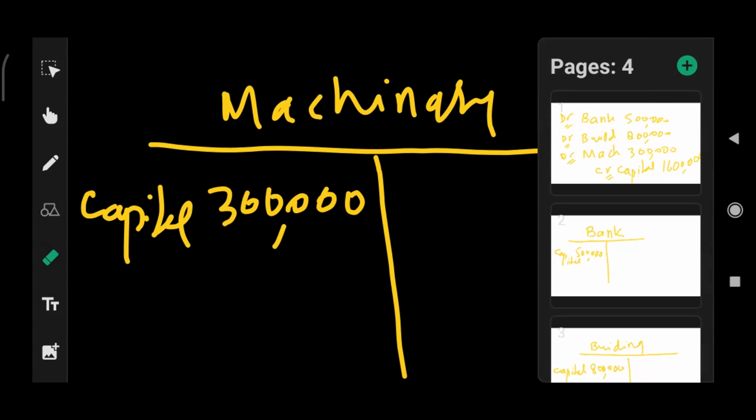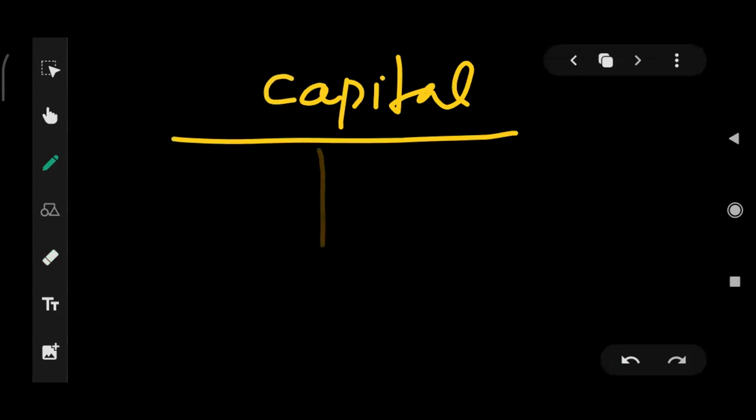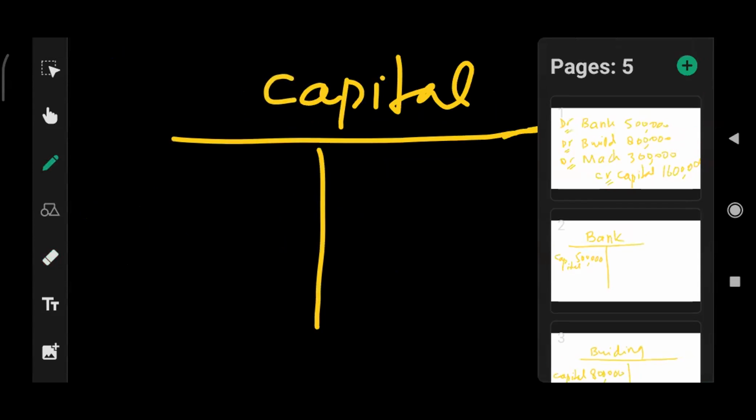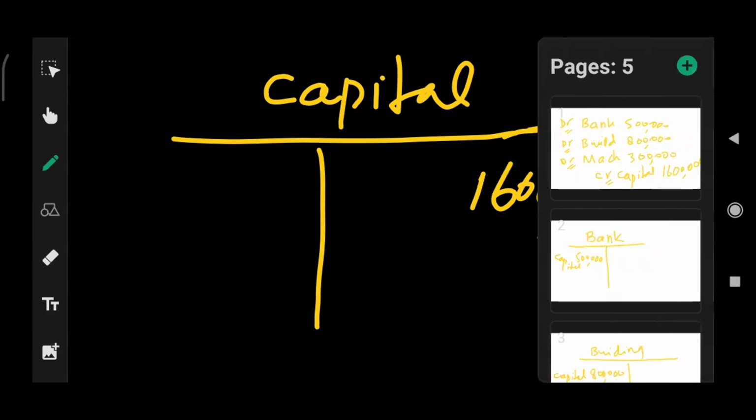So next is credit capital. We have posted all three debits. Now we will post the credit side. So credit is capital. We will open an account of capital. Capital is being credited with how much amount? It's credit capital 1,600,000. So I will write 1,600,000 on the credit side because it is being credited.